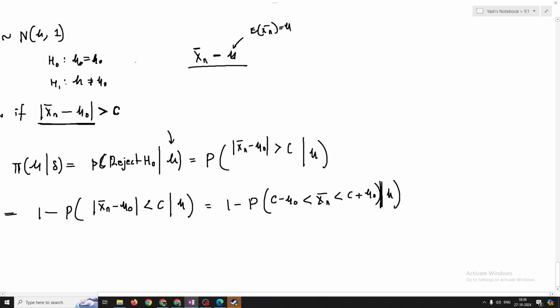In this case sigma is given to be 1, n is given to be 25, so sigma by root n is just 1 by 5. So xn bar follows a normal distribution with mean mu and variance 1 by 5.